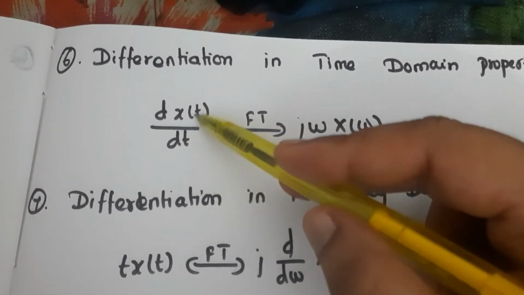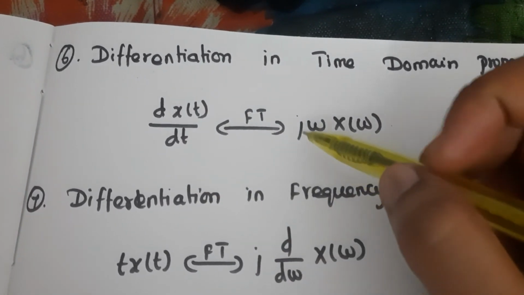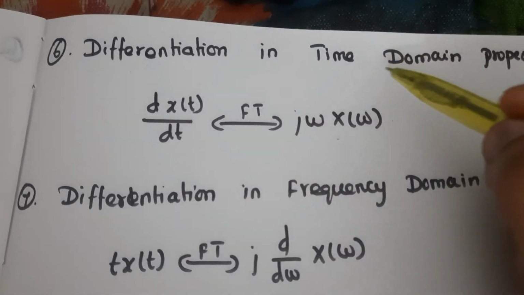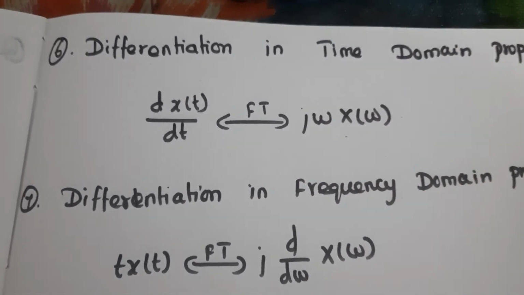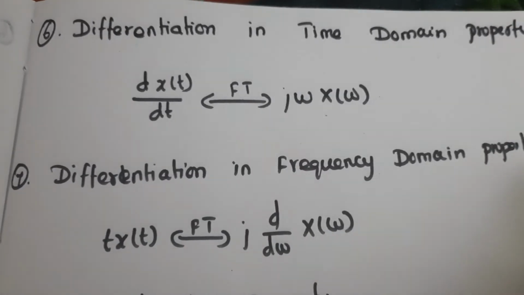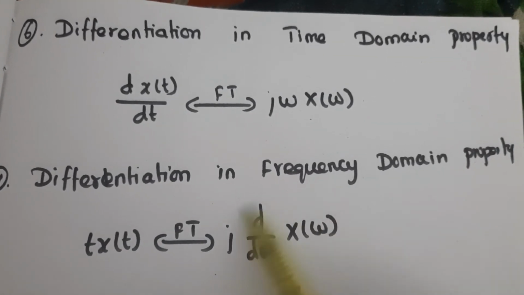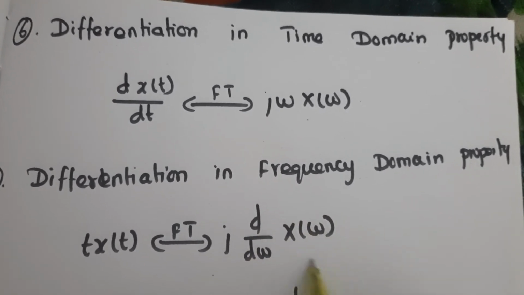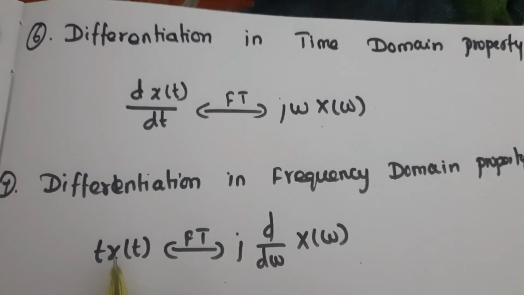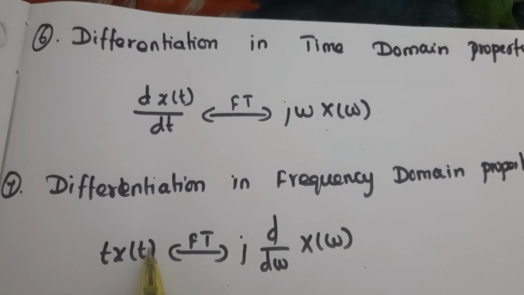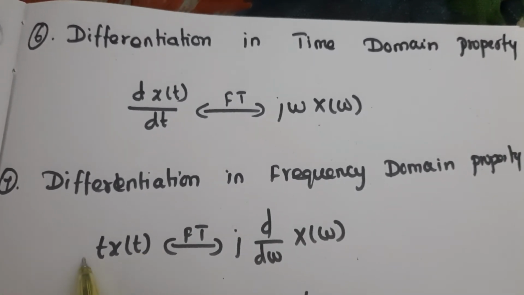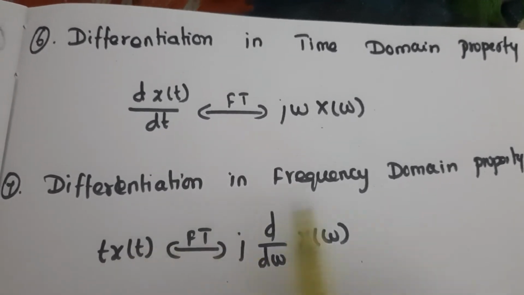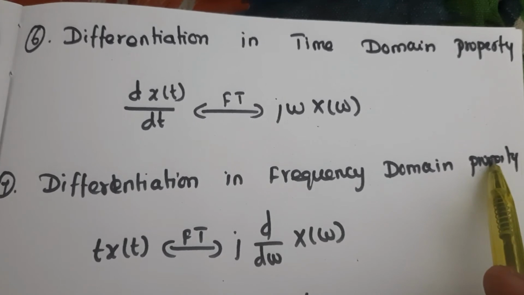This is known as the differentiation in time domain property. Then the differentiation in frequency domain property: if we differentiate the Fourier transform X of omega, we get t into x of t in the time domain. So this is the differentiation in frequency domain property.